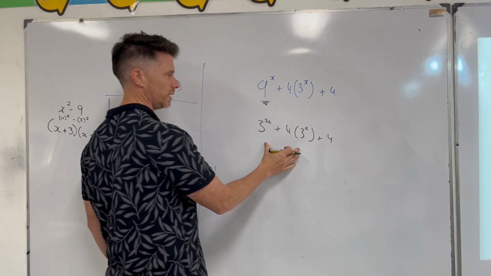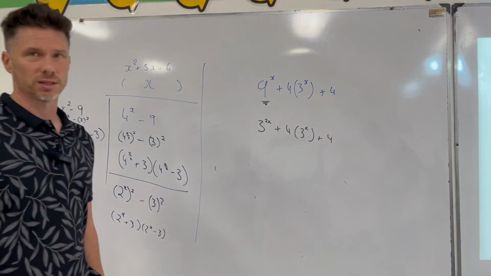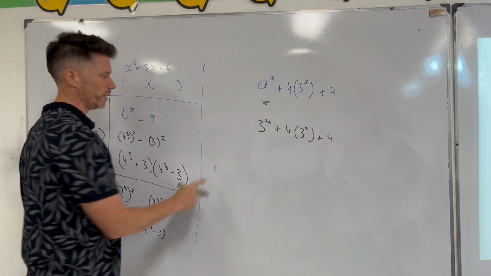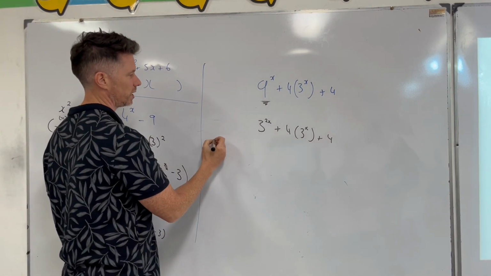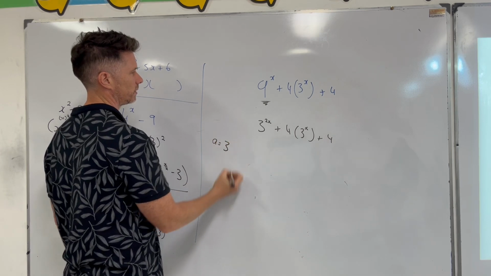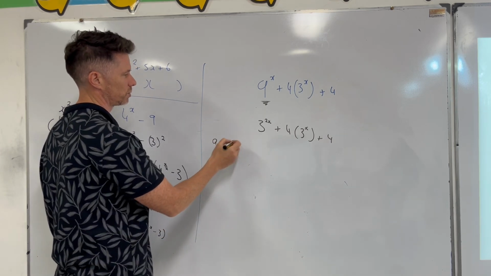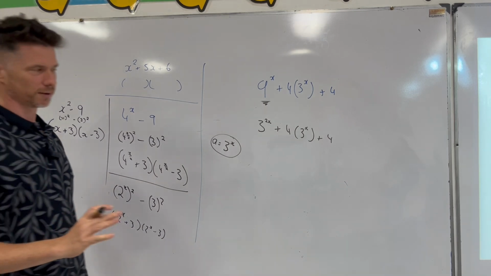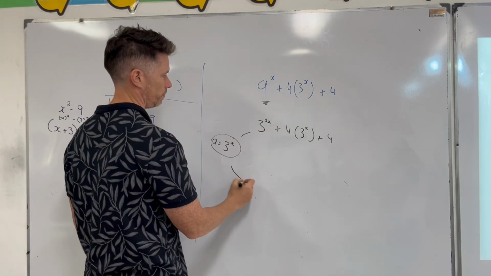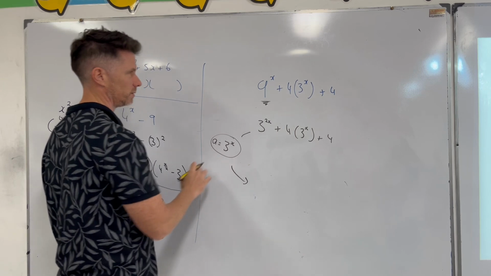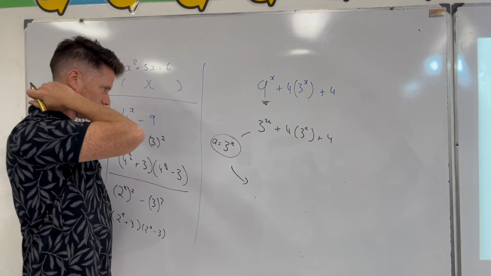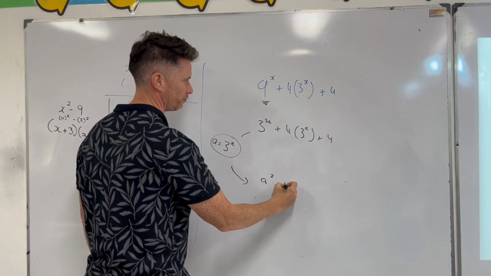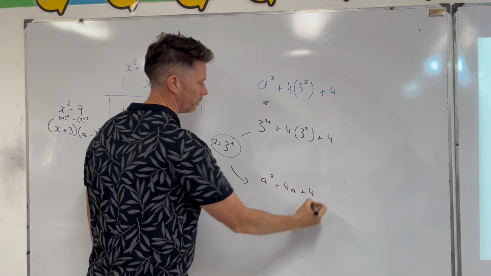Now, if you don't like the way it's currently written, there's an algebraic trick to make it look nicer. You can just say, all right, instead of writing 3 to the x in future, I'm just going to write the letter a, and then at the end I'm going to put it back in. You don't have to do this. It's called exchanging the variable. So this is a squared plus 4a plus 4.